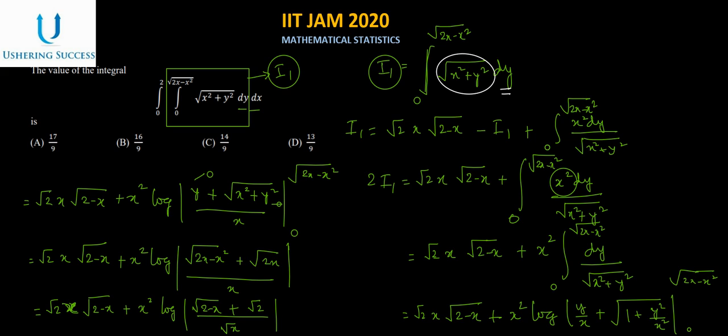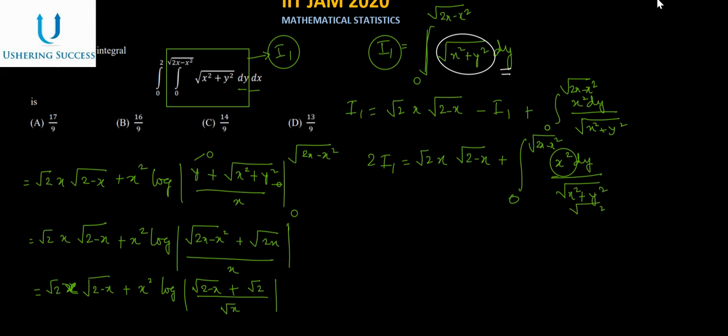So this is the final form of this integral, which can be written as root 2 x root over 2 minus x plus x square log of root over 2 minus x plus root 2 minus x square into half log x. So this is the final form of the integral I1.